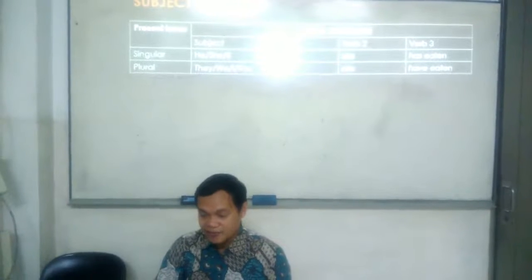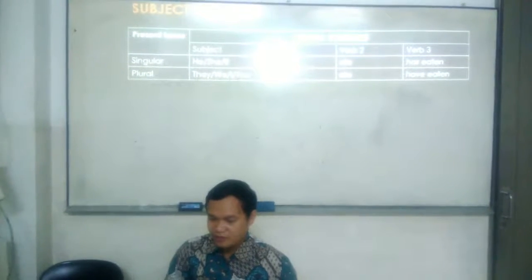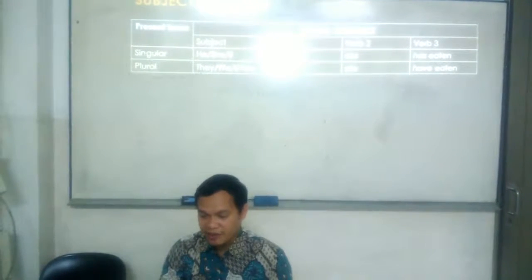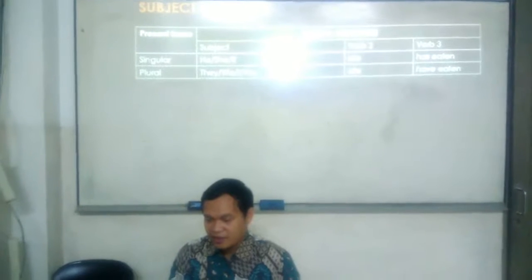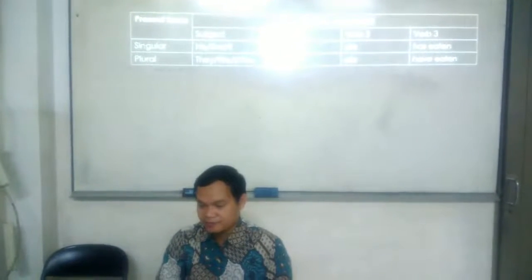A verbal sentence has a subject and a verb. The singular subjects are he, she, it, and the plural are they, we, you. And each subject has a verb.